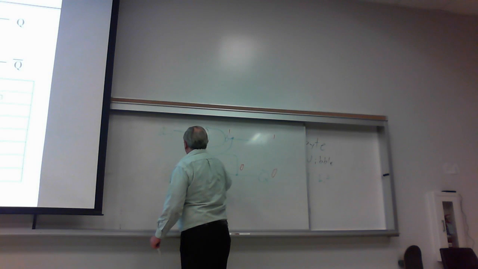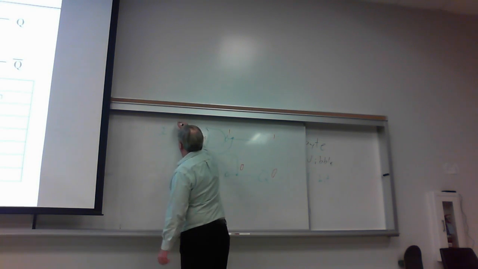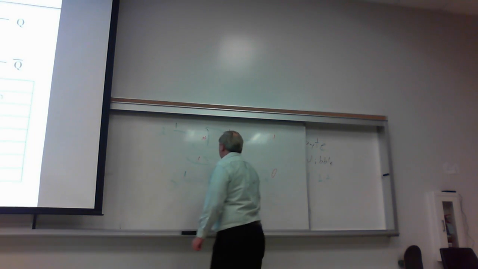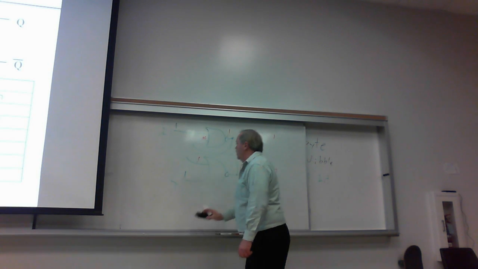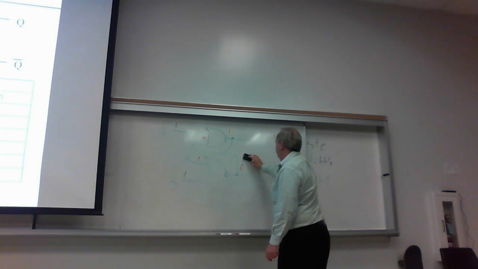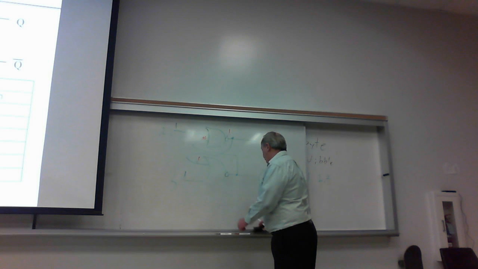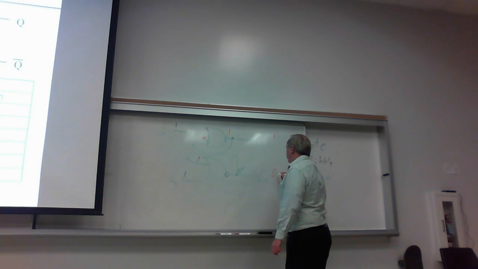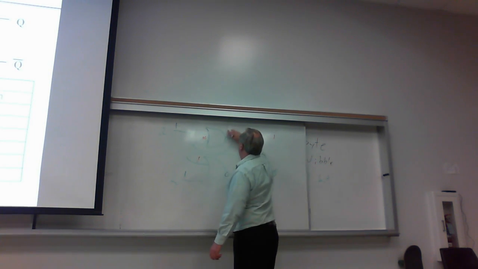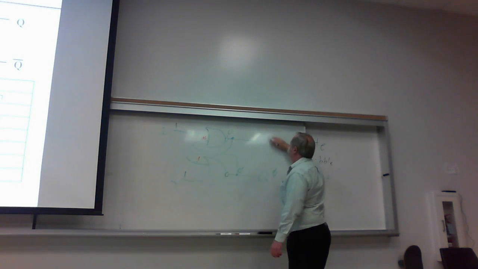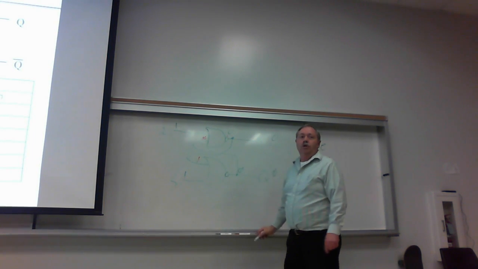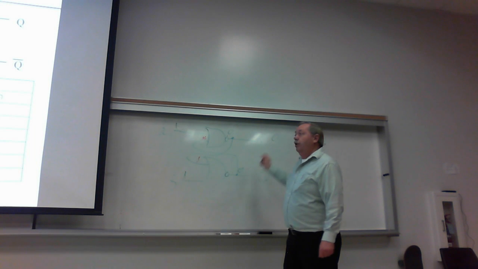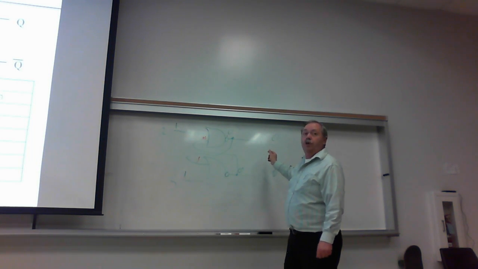If I instantaneously change these both to a 1, like this, then this 1 is going to drive that to a 0. This will set to 0. This 1 here will drop this to a 0, which will then change this to a 0. So it forces both of these to go low.